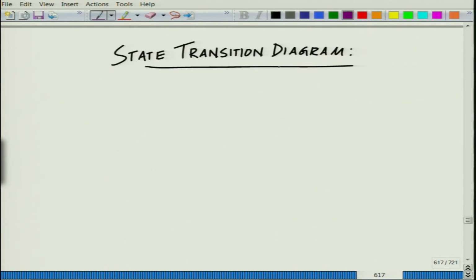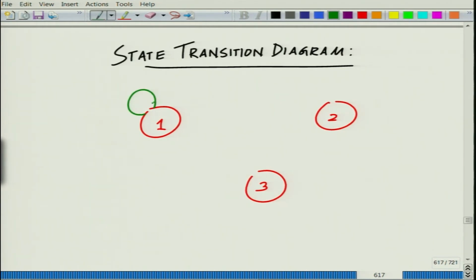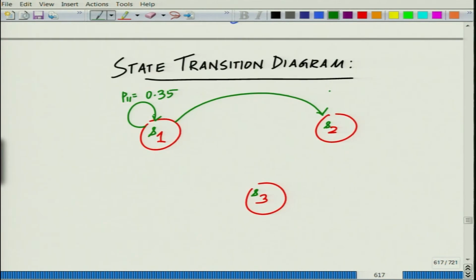So, the state transition diagram: you have 0.35, this is basically your P11, transition from state 1 to 1. You can call these S1, S2, S3. S1 to S2, this is P12, which is equal to 0.35.